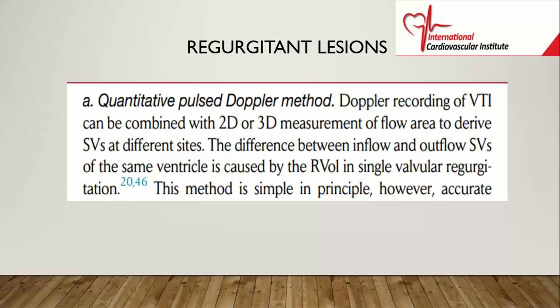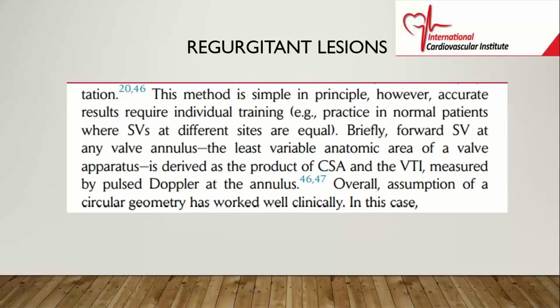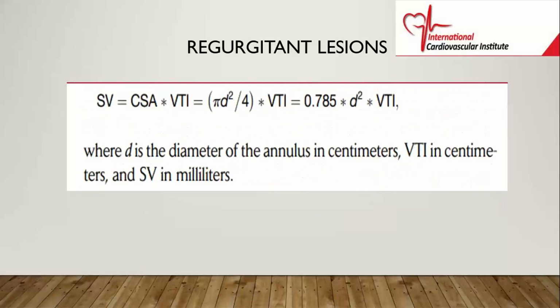We've been beating that horse for a number of years. So the forward flow across the LVOT, when we simplify that, is 0.785 times d squared times TVI across the LVOT. So all we have to do is get the difference then, and we'll get the regurgitant volume. Okay? So let's show you how it's done.